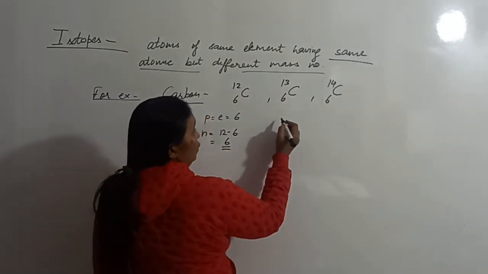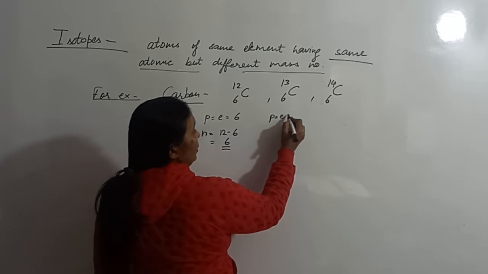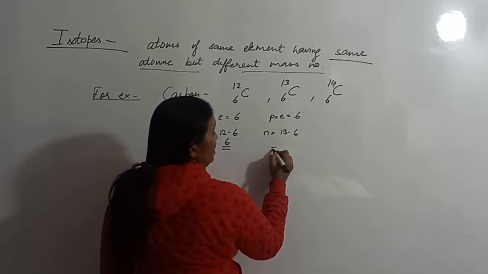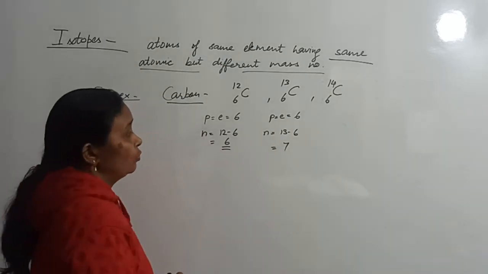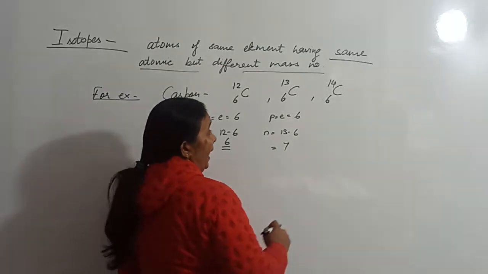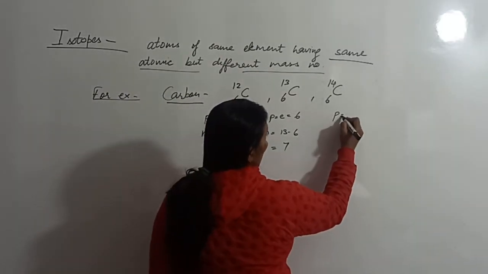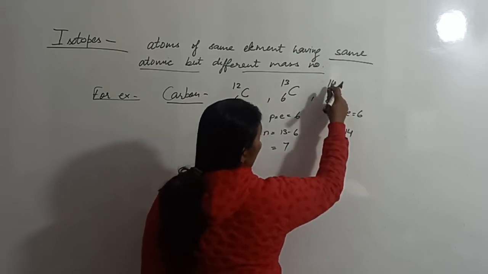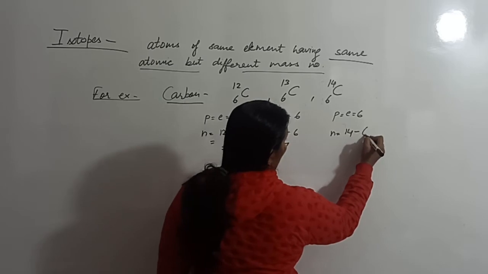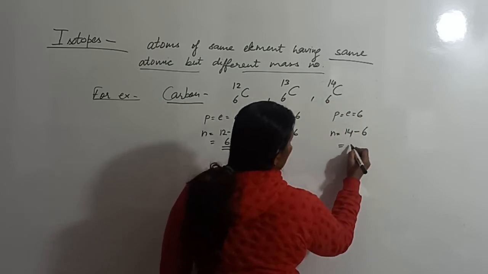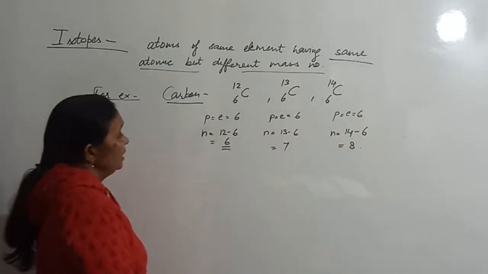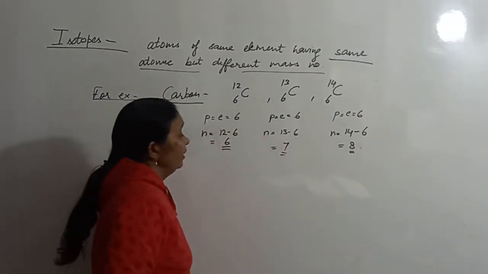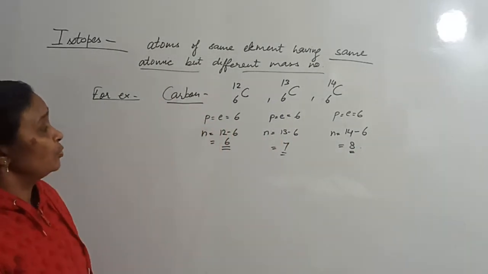In the second isotope, again proton is equal to electron, 6, and neutrons will be 13 minus 6, that means 7 neutrons. And the last one, proton and electron 6, and neutrons will be 14, that is mass number, minus atomic number 6, that is 8. So the number of neutrons is again different, and these 3 are the isotopes of carbon.